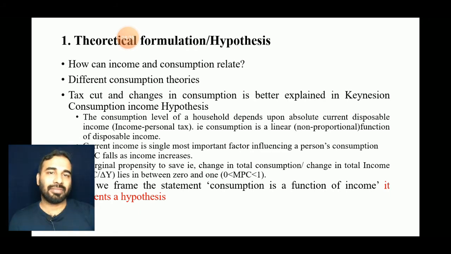For example, suppose your income is 100 rupees, your consumption now is 90 rupees, and you are saving 10 rupees. Now your income increases to 200 rupees. Your consumption should not increase to 180, because that is a proportionate increase. Below 180 will be non-proportional.